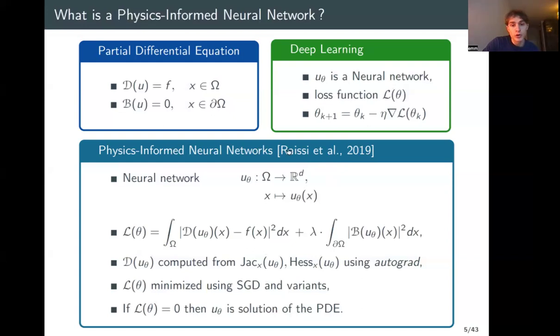The neural network represents the ansatz of our PDE, and we can formulate the loss such that when it is equal to 0, the neural network is a solution of the PDE. So here we have this term, which is the PDE residual, and B, which is the residual on the boundaries. Then hopefully, if we minimize this loss, then u theta is a solution of the PDE, with many ifs.